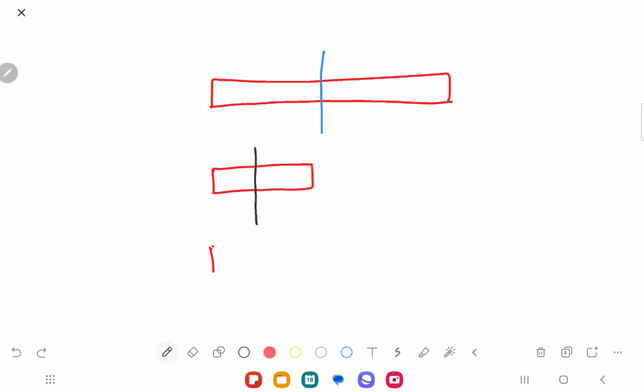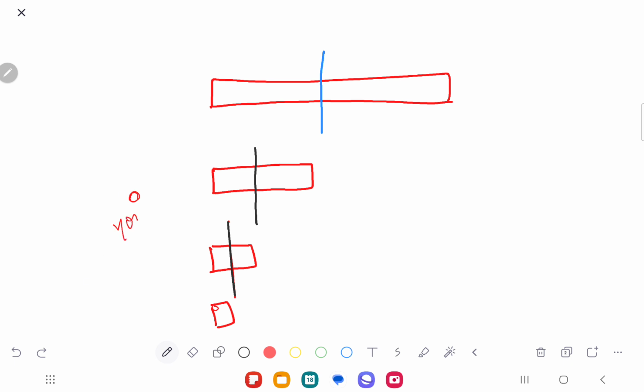Again I have half of the bar. Again I cut it into half. So what am I trying to do? You keep on dividing the bar into half and half and half, and you will reach a point where it will be the smallest atom.